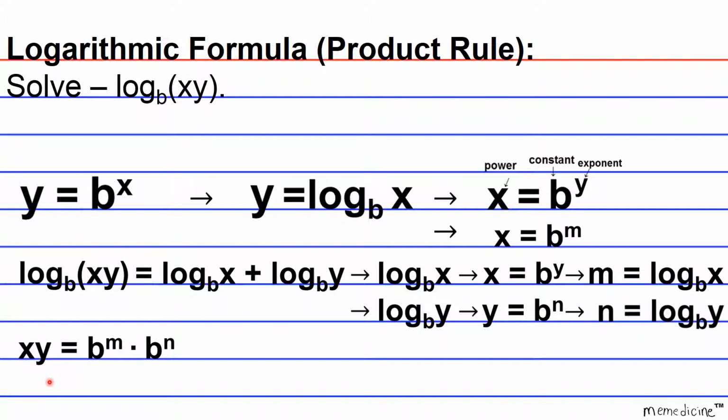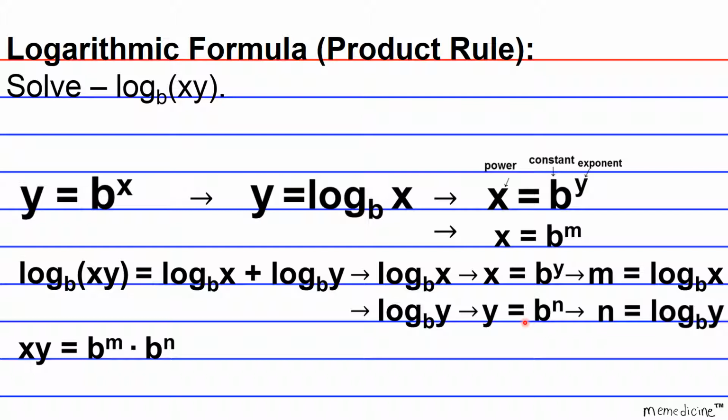So it makes sense that the product, x times y, is equivalent to b raised to the m times b raised to the n, because here we're told x equals b raised to the m. And we're also told that y equals b raised to the n, all right?